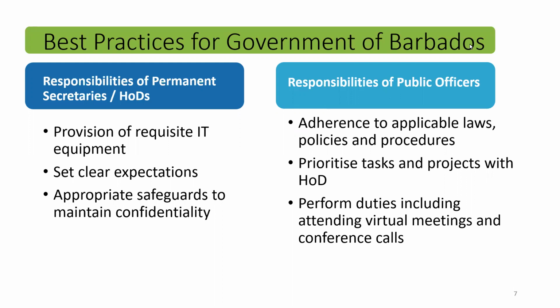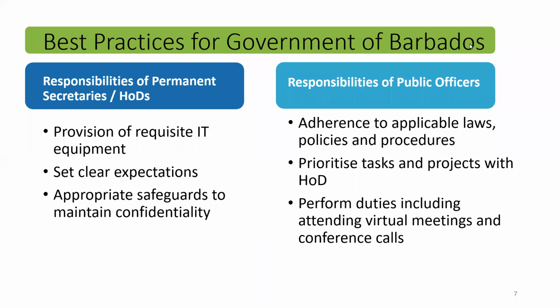While at home, we must perform our work duties to the best of our ability. We must discuss and prioritize tasks and projects with the head of the department and interact with other staff members of our team where necessary.